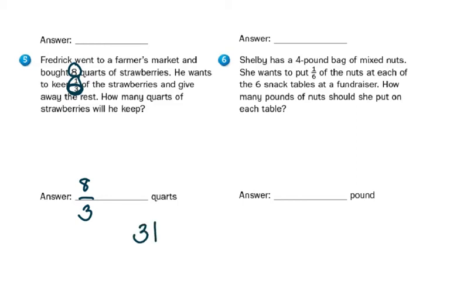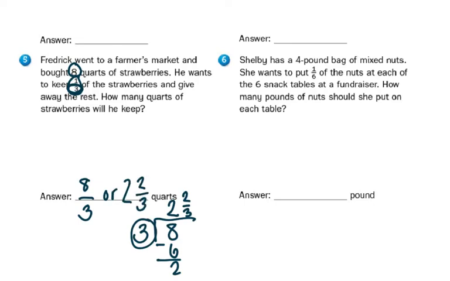So we would say, how many 3s are there in 8? There's 2 of them. And then our remainder goes on top, our divisor goes on the bottom. But let's draw it as a picture. 8/3 is the same as 2 and 2/3.